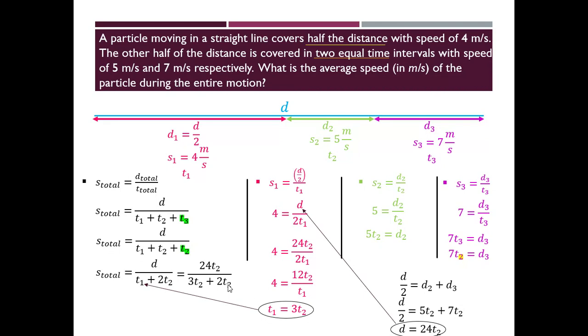So you can simplify it, okay? Numerator, 24T2 gets carried down. Well, 3T2 plus 2T2 is 5T2. T2 on top, T2 on the bottom cancels. So that would just leave you with 24 divided by 5, which gives you the same answer of 4.8 meters per second.